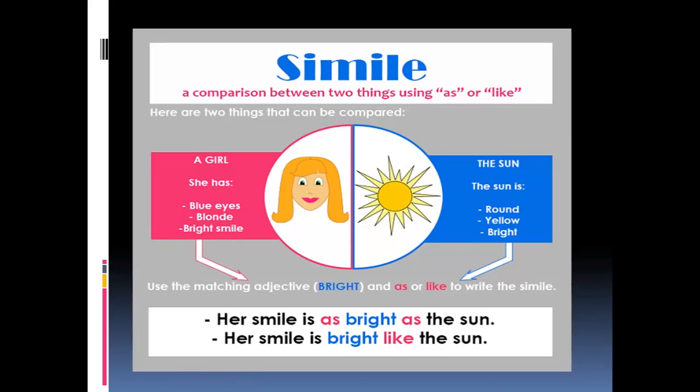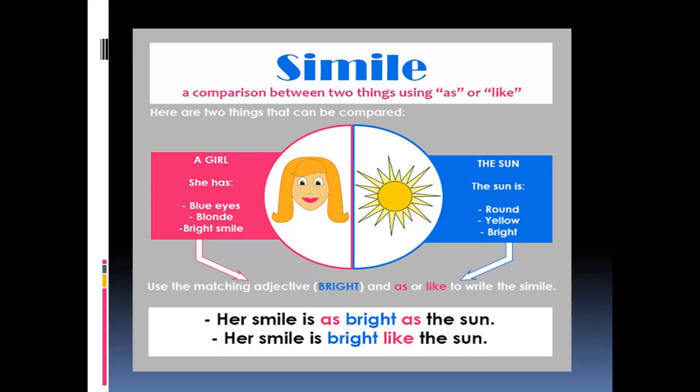So let's have a look at this picture. Simile, a comparison between two things using as or like. Here in this picture, as you can see, there are two things that can be compared. One picture is of a girl and another is of the sun. What does the girl have?